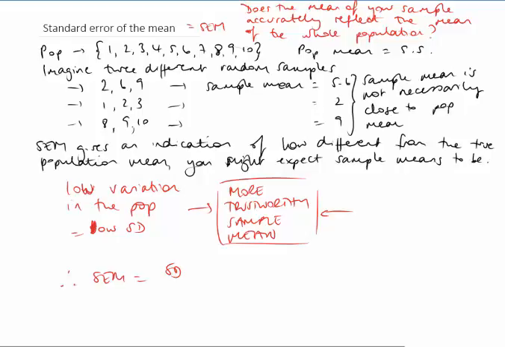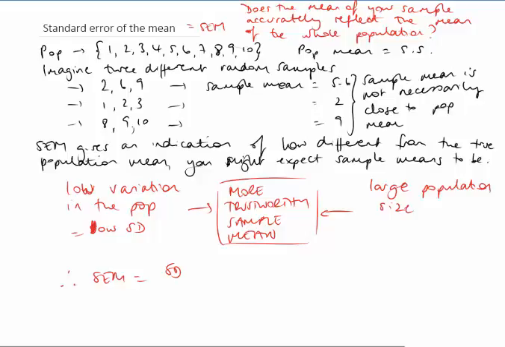And then also we need to take into account the sample size. So if we've got a large sample size, that's also going to be important because we're going to be taking account of as large a proportion of the whole population as we can.